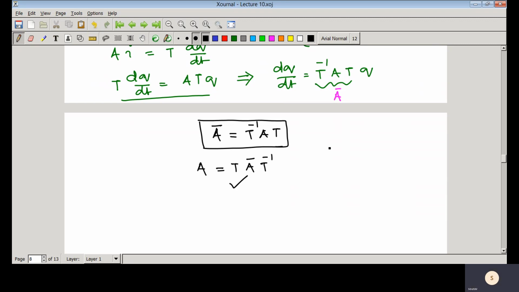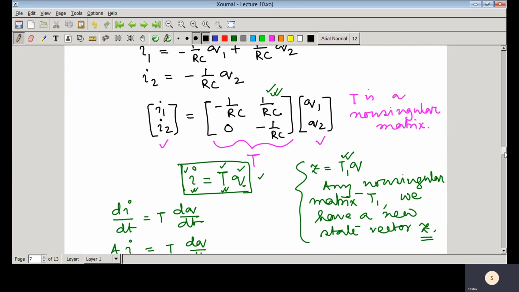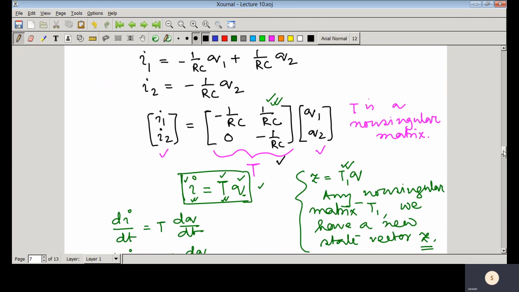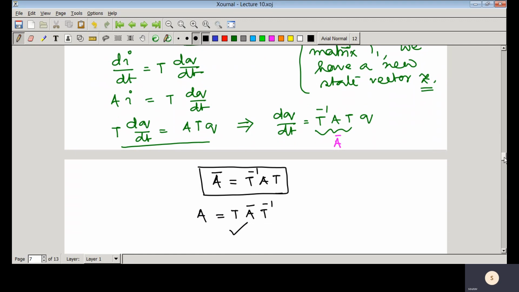So here this T matrix is a specific matrix you have taken.